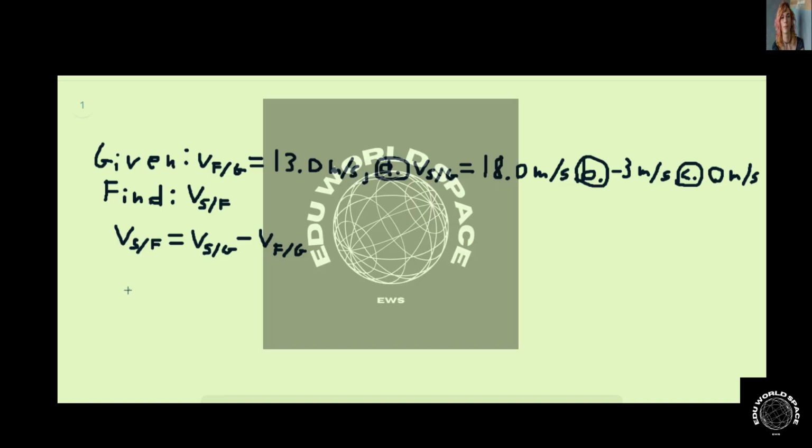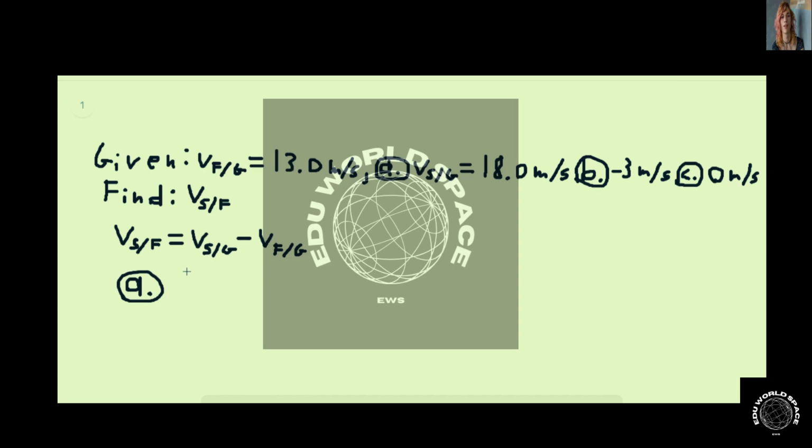Okay. So let's do part A then. For part A, we have the velocity of the scooter relative to the ground is 18.0 meters per second. And we know that the velocity of the flat car relative to the ground is going to be 13.0 meters per second. So for part A, we just do 18 minus 13.